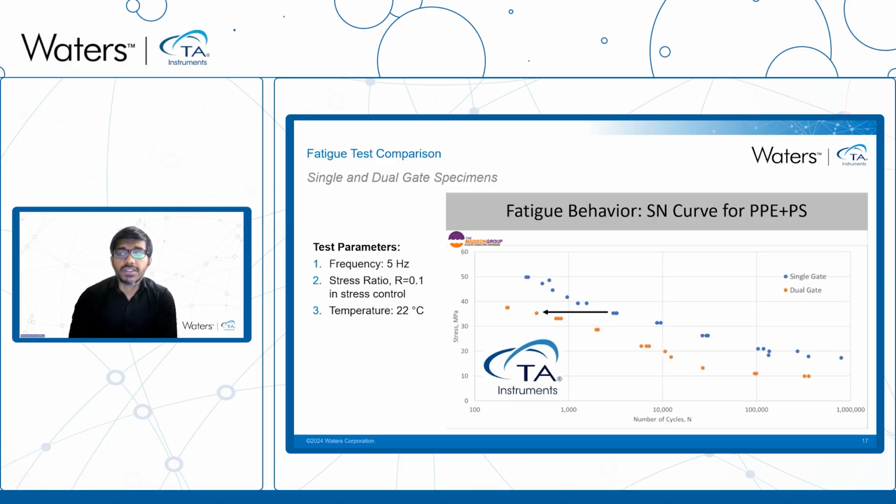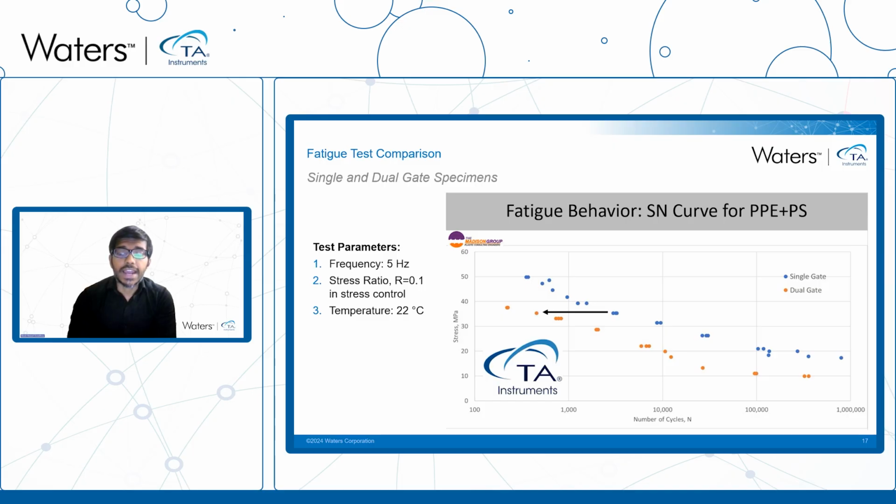And when we take a look at the test results, you see the reduction in fatigue life in the dual-gated specimen, identified by the orange dots here, compared to the fatigue life of the single-gate specimen. We can observe that performing a fatigue test enables us to quantify that reduction in fatigue life as well as their long-term performance.